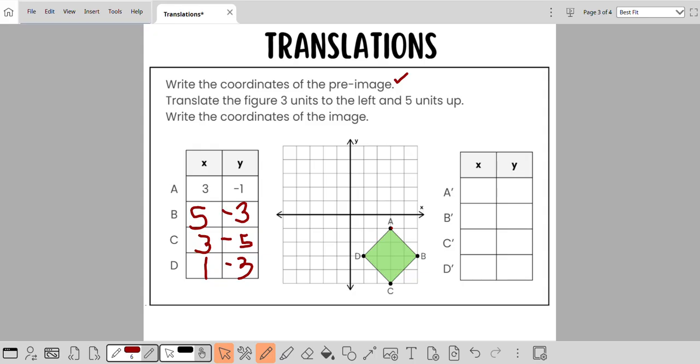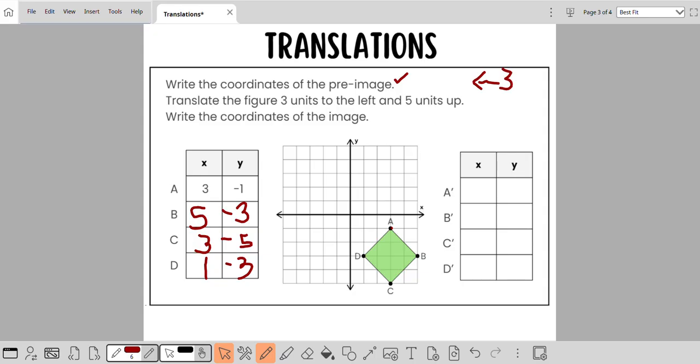All right, so now let's look at the next thing to do. When I read a translation, I make sure to make myself notes so I know what I'm doing to each point. This says translate the figure 3 units to the left. So I draw an arrow pointing left and I draw a 3 by it.